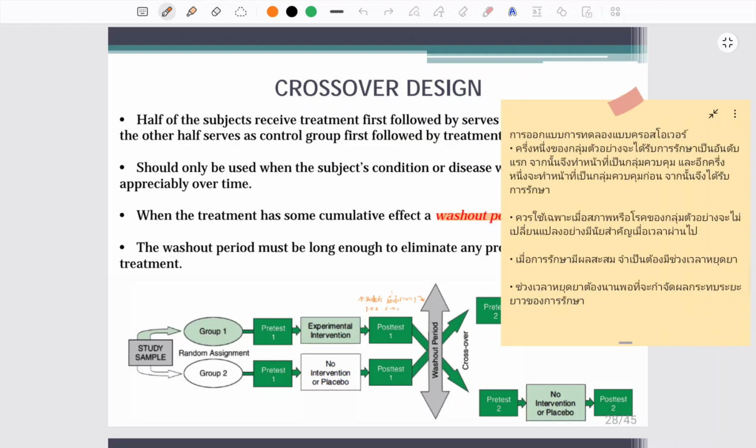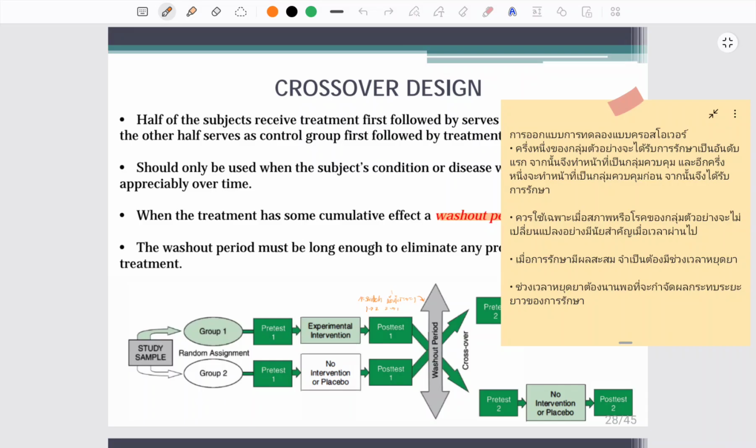But if you are conducting the crossover design, you have to be aware of the washout period. It depends on each instrument or each intervention. For example, for TMS, maybe they have some effect period, right? For how long will the effect last?